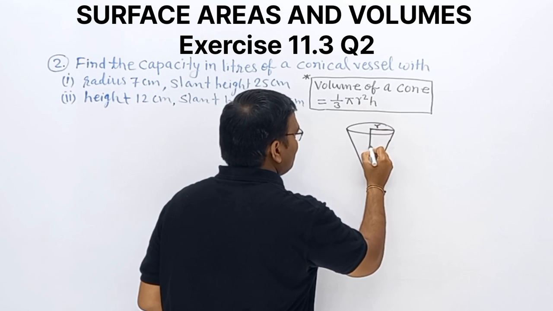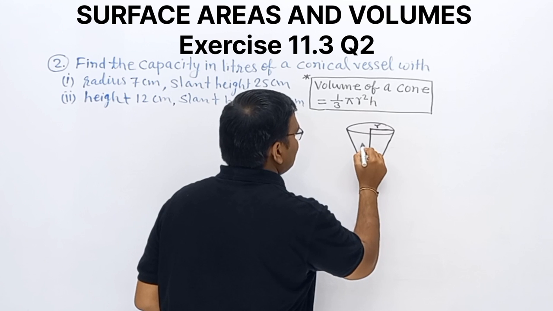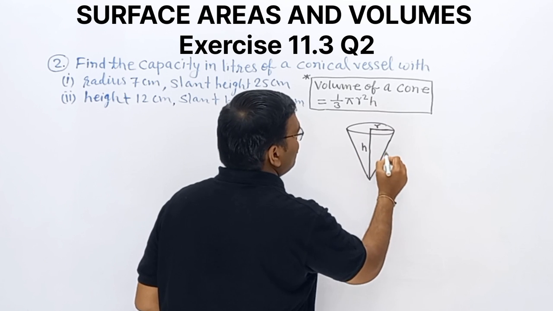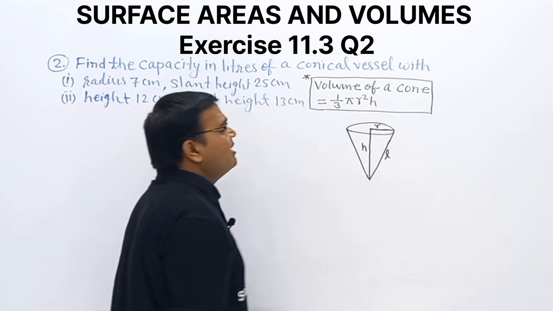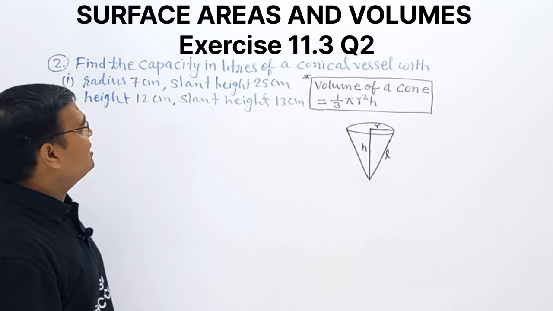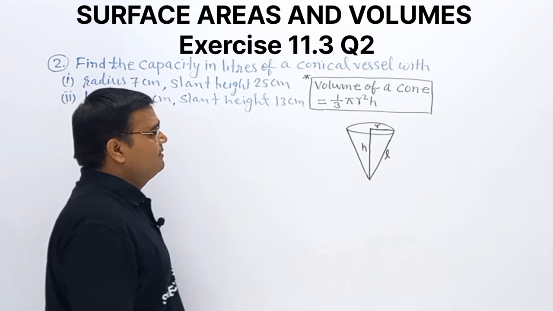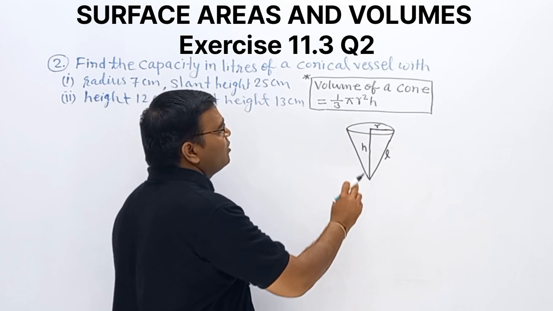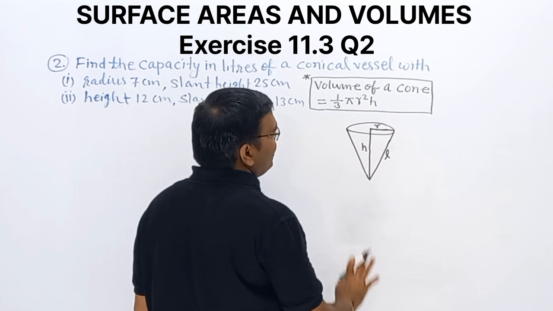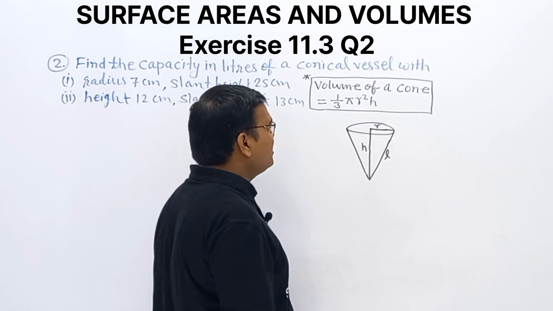Its height is h. This is the height of the cone, and this one is the slant height, small l. So if we have two of these things, how will we calculate the third?